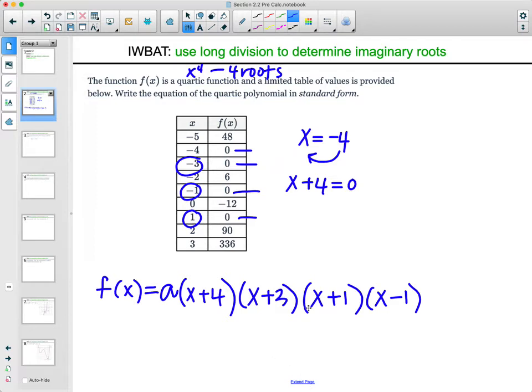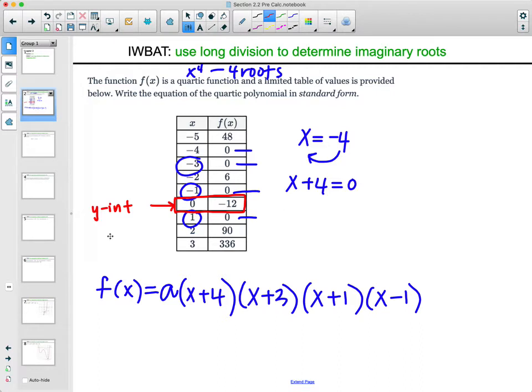So we have all of those, and then we're going to have to figure out this a value. Now, I would do the a value right now before you multiply this out because it's going to be easier. I would also choose the y-intercept if at all possible. The y-intercept is when x equals 0. That just makes your calculations easier because you're plugging in 0 for the x every time.